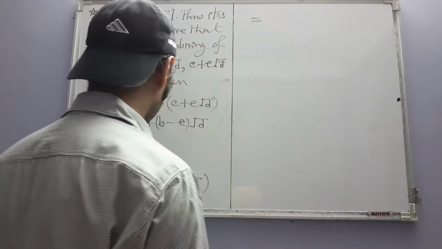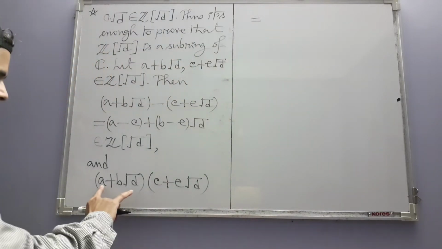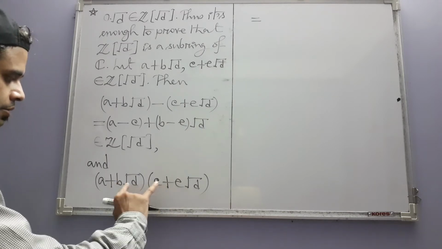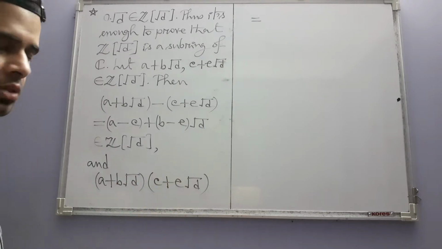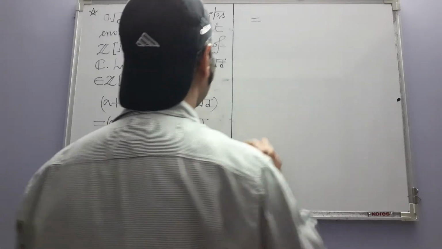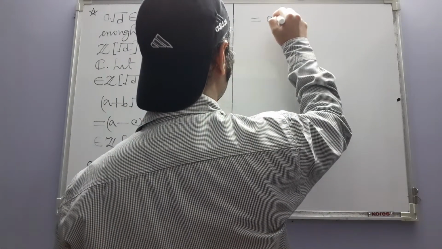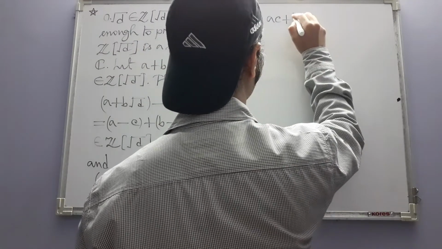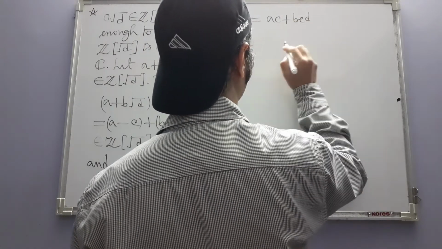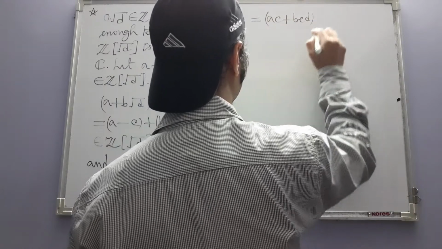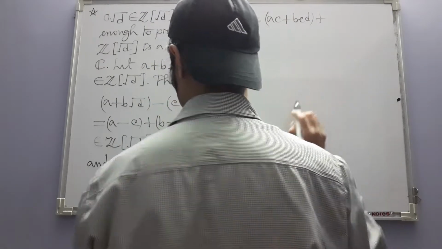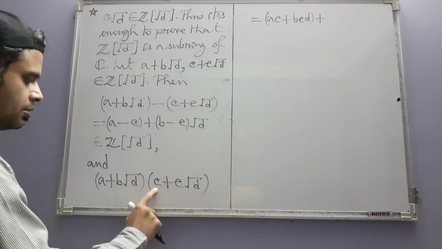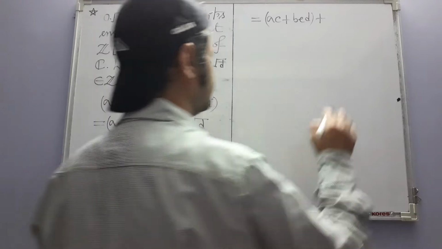The product is going to be ac plus be times square root of d squared, which is nothing but d. So you will ultimately get ac plus bed plus ae times square root of d plus bc times square root of d.